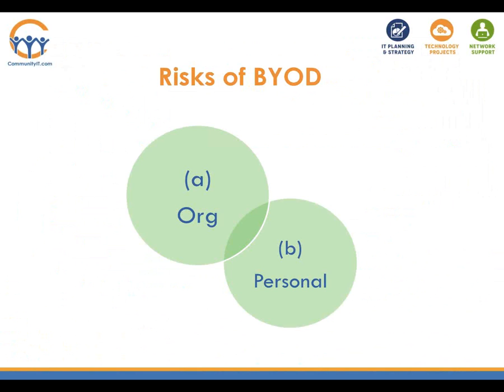And when thinking about risks of BYOD, I actually like to think of it as two different categories of risk. There's risk that the organization faces in allowing employees to use their own personal devices, and there are risks that the individual, the staff person, faces in using their personal device for work.